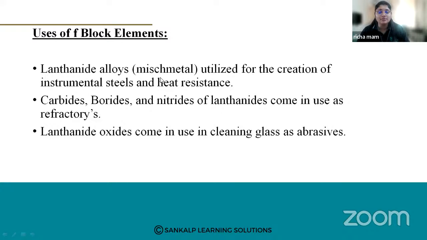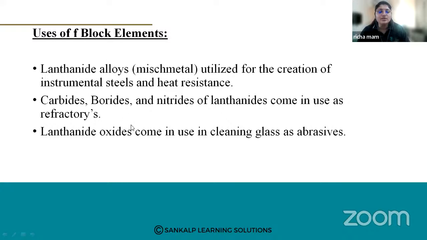For making bangles also, there is a big furnace where the glass is put and converted into a liquid slurry, and then the bangles are made. So refractories are big chamber-like things where the temperature is extremely high. The respective carbides, borides, and nitrides come into use as refractories.